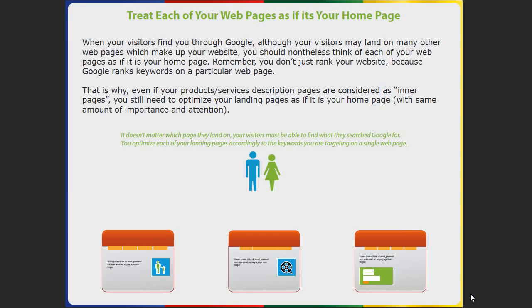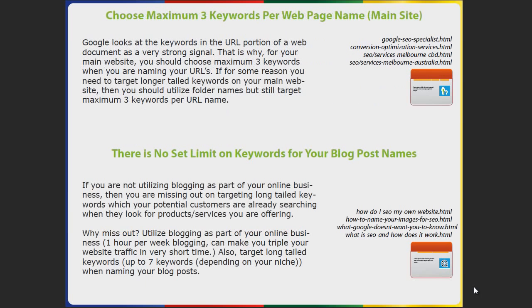Because regardless of how many different web pages you have, to target more and more different keywords, you need to treat each landing page on its own merits. Knowing that, we can move forward. When you're naming your web pages for on-page SEO, do not go past more than 3 keywords when you name your URLs.